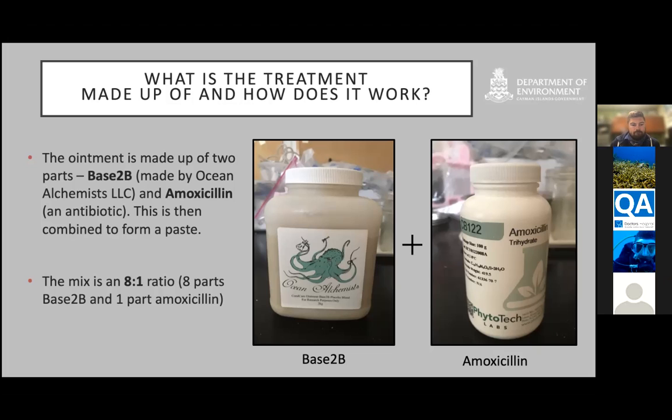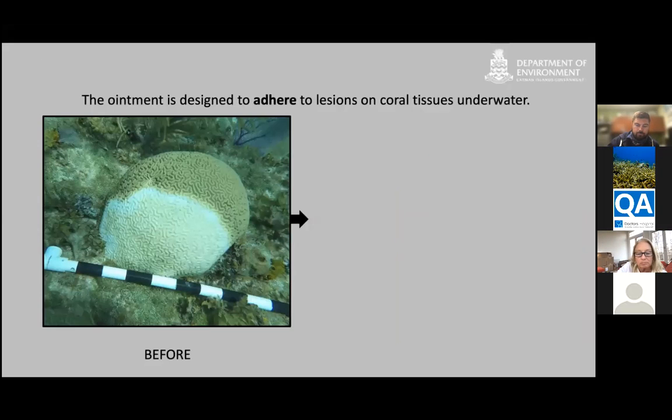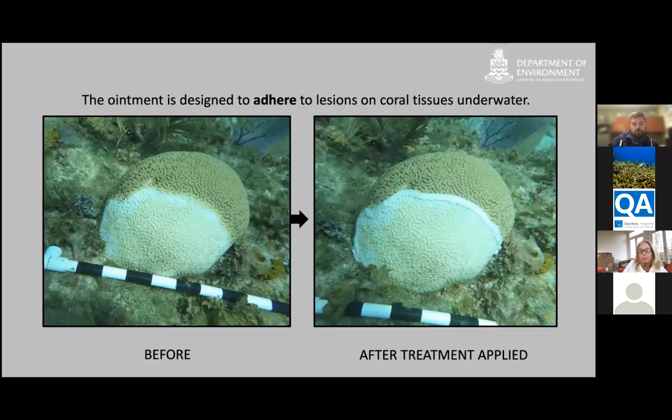And it's mixed together in an 8-to-1 ratio. So 8 parts of the paste go with 1 part of amoxicillin. The treatment's designed to stick to corals specifically, which is what we're using it for.